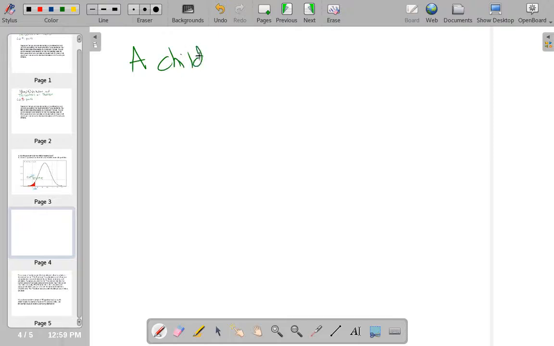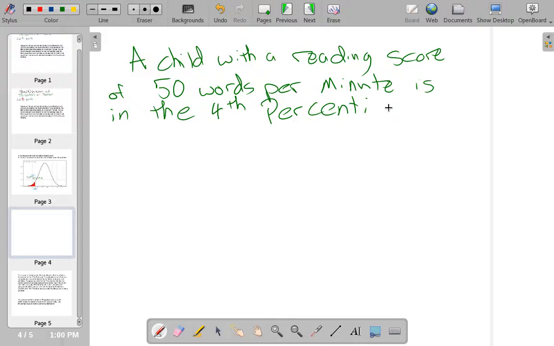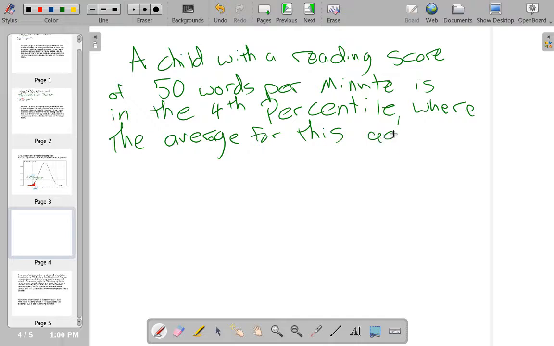So let's see, a child with a reading score of 50 words per minute is in the 4th percentile, and then we should also say where the average for this age is 90 words per minute with a standard deviation of 22 words per minute.